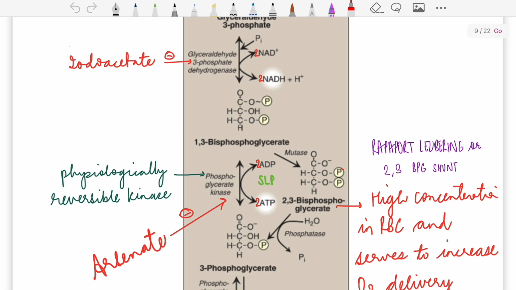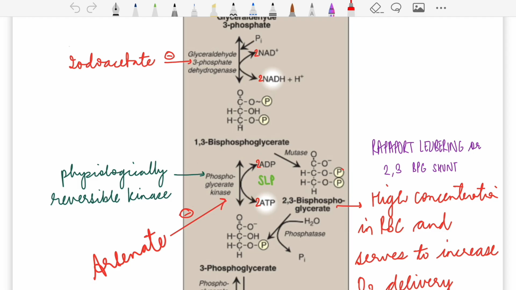Now this 1,3-bisphosphoglycerate is converted to 3-phosphoglycerate, and the enzyme is phosphoglycerate kinase. An important thing to remember about this enzyme is that it is a physiologically reversible kinase. And arsenate inhibits this enzyme. So in cases of arsenic poisoning, glycolysis won't continue because this step would be inhibited.